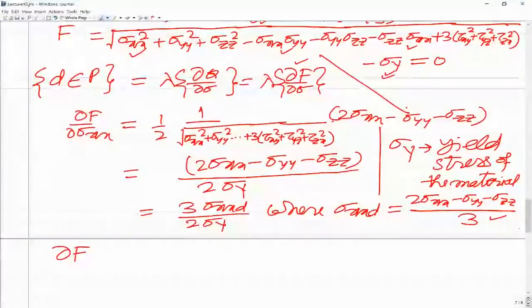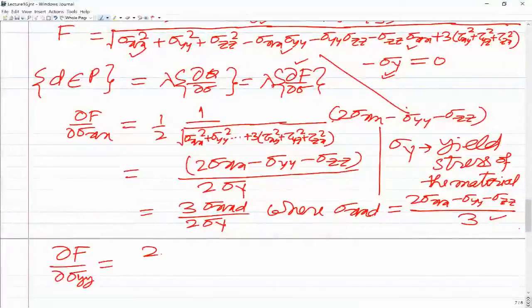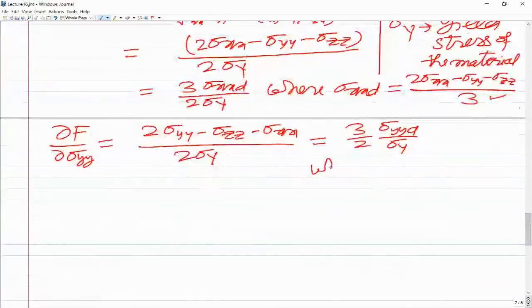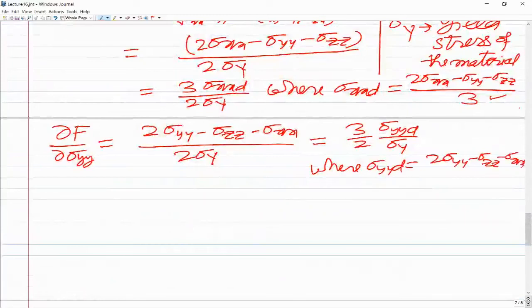Okay. So now similarly, if you look at del f by del sigma yy, you will find similarly this would be twice of sigma yy minus sigma zz minus sigma xx, divided by twice of sigma y, which can be written as 3 by 2 times sigma yyd upon sigma y, where sigma yyd is twice of sigma yy minus sigma zz minus sigma xx, divided by 3.